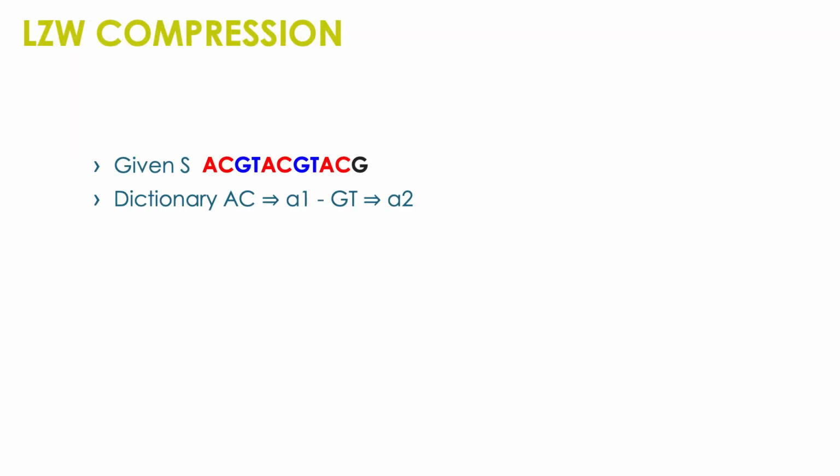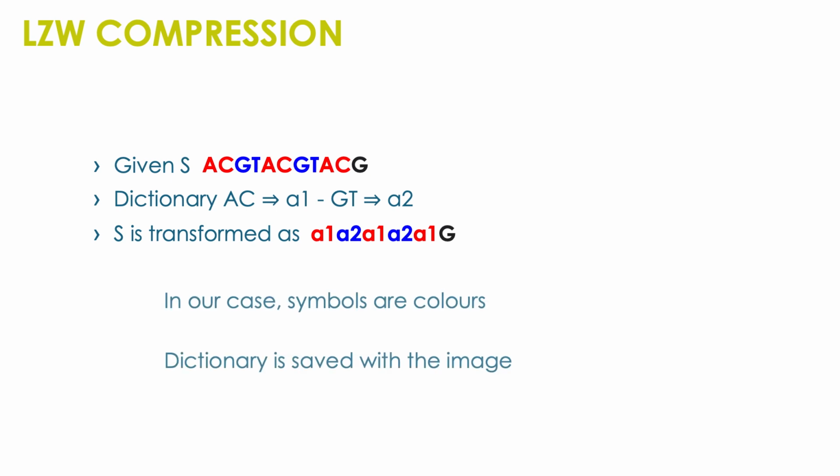Analyzing the sequence of symbols S, a dictionary is created with the variable-length substrings SSi that repeat in S. A new symbol is assigned to each substring. Each SSi is then substituted in S with the assigned new symbol. We can see here an example. In the case of images, symbols are colors. As we can understand, the dictionary needs to be stored with the image.